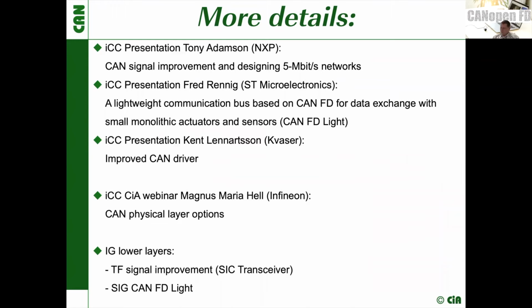The key of this presentation was that you have to consider the usage of so-called signal improvement circuits. These are CAN transceivers that can stabilize the signal and provide you a clear signal, a voltage level over the bus, and calm down the ringing so that you can guarantee that all the devices in the network really detect the right signal.